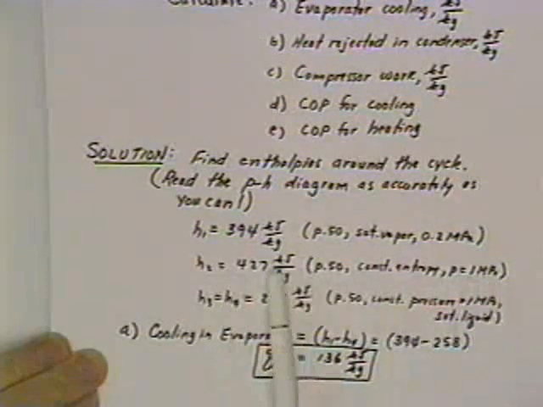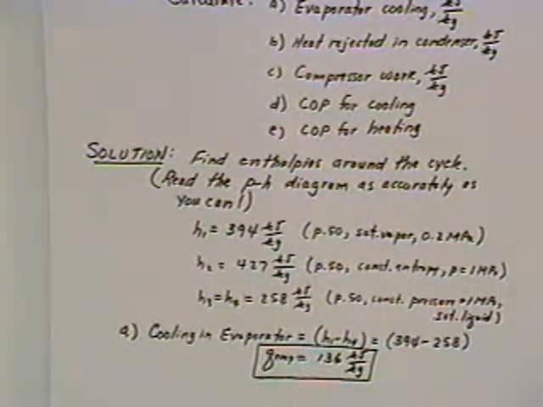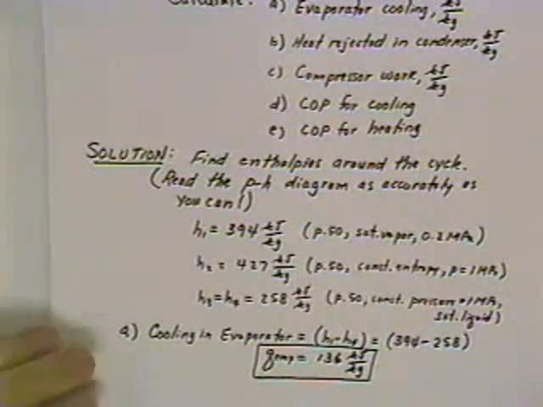This is one of the most difficult ones to locate, because you're going up a constant entropy line, which is curved in between entropy lines, and trying to interpolate where that 1 megapascal is at constant entropy.